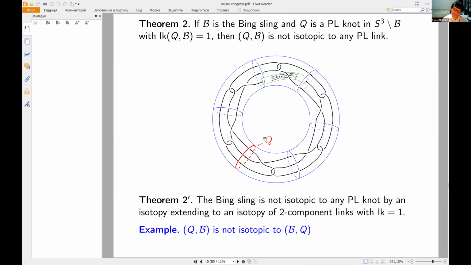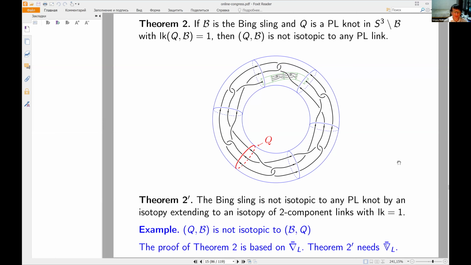So for example, this two-component link shown here, consisting of the Binks link and of this PL knot Q, is not isotopic to the same link, but with the components interchanged. Or you can take any other link instead of Q, even any other knot instead of Q, even wild, in the complement to the Binks link.